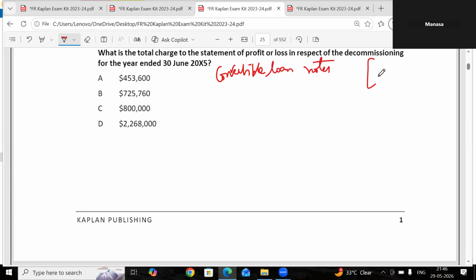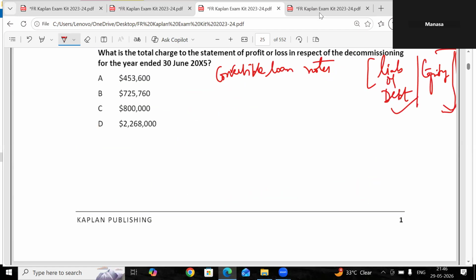One is liability or debt, and one is equity element. So you need to understand there are two elements in this. Once we calculate the debt element, the leftover is equity element, and you have already studied this in your financial instruments. So financial instrument adjustment also is covered here.